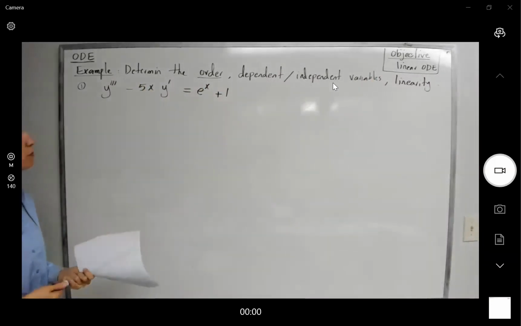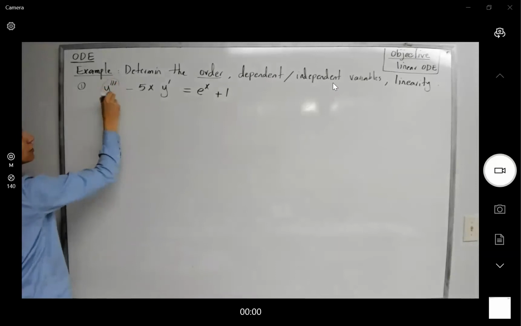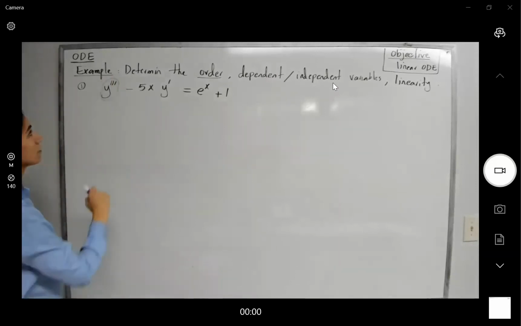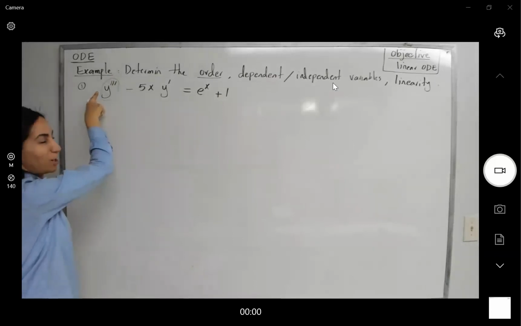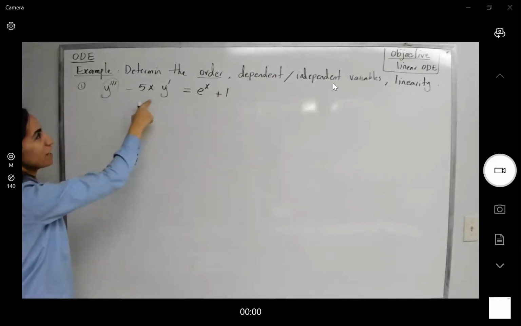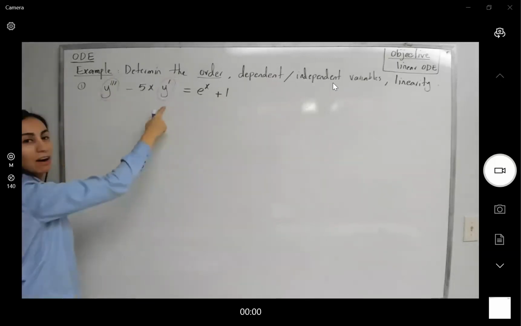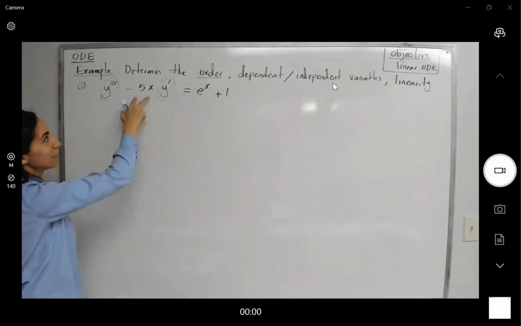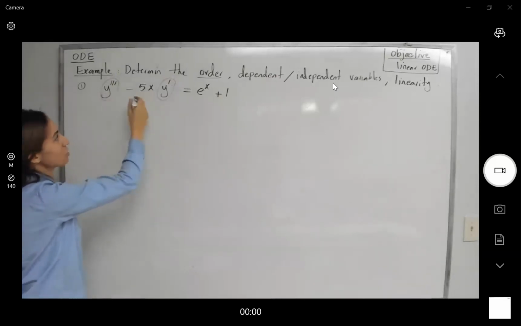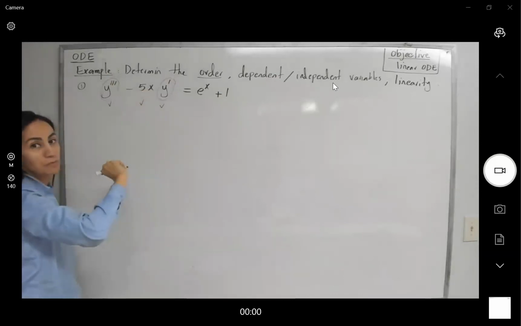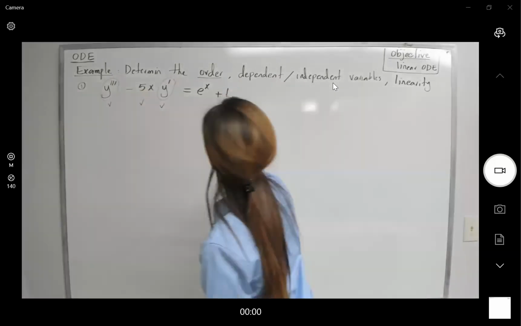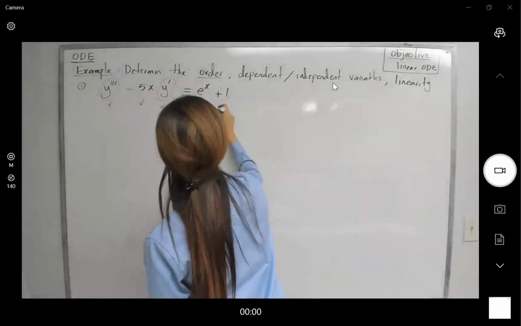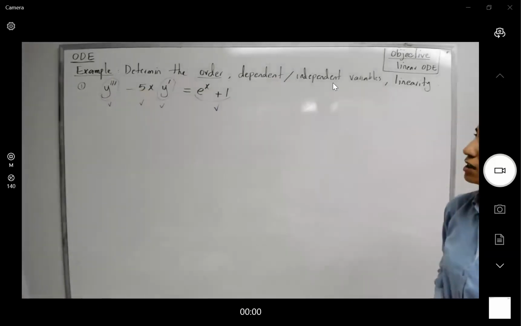As usual, here we have the derivative of y. The expression next to it, which is invisible, is just 1. Minus 5x times y prime: here we have negative 5x, which is an expression in x. So everything looks good. And on this side, we have a function, e to the x plus 1. What is the order?